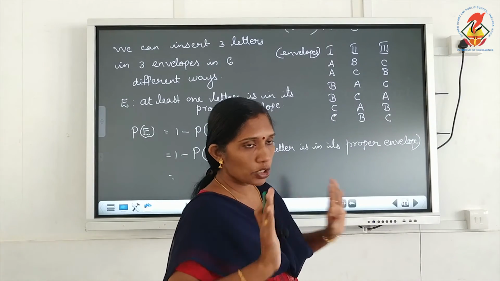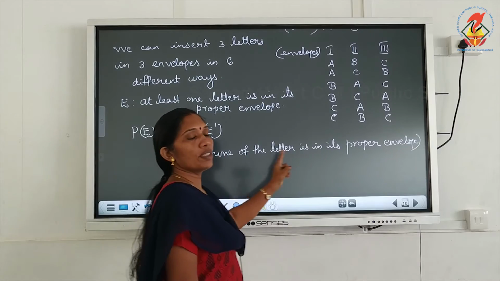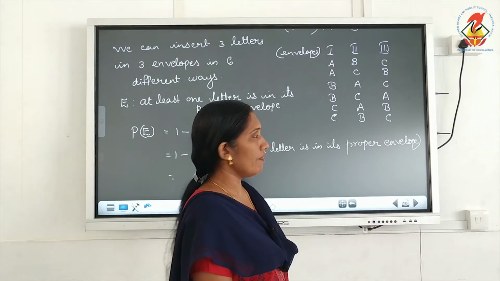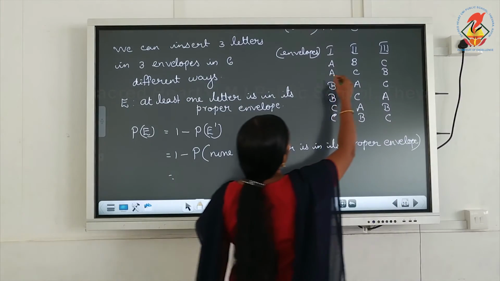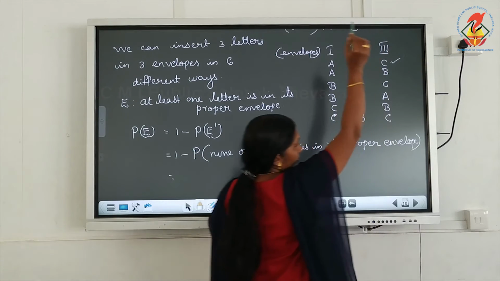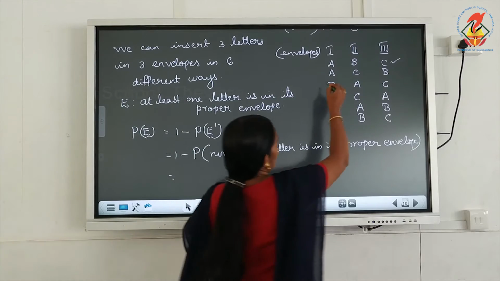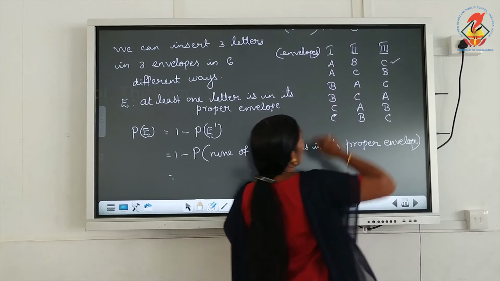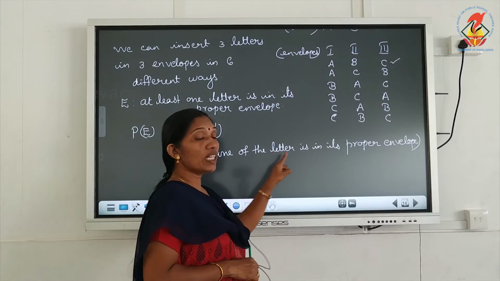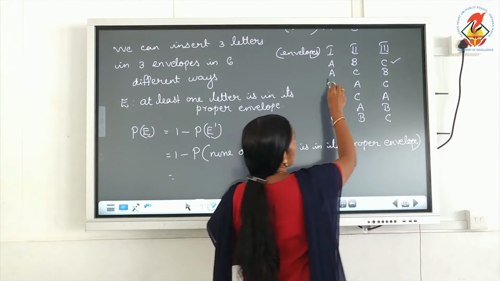That is the correct order. Here what we wrote is 1 minus none of the letters in its proper envelope. So you check this one. A, B, C. This is the correct order. Now what about A, C, B? A, C, B has one letter in the correct place, so here it is not the case that none of the letters is in the proper envelope. So we can't take this case.